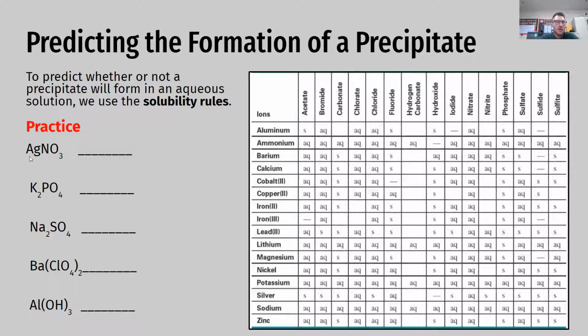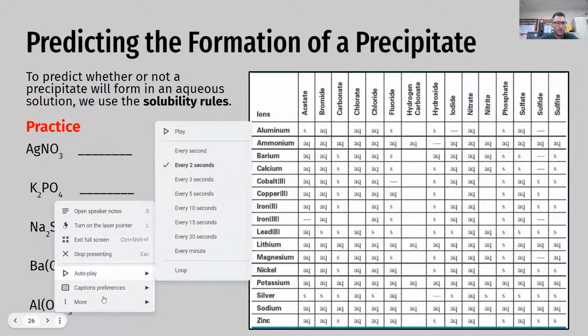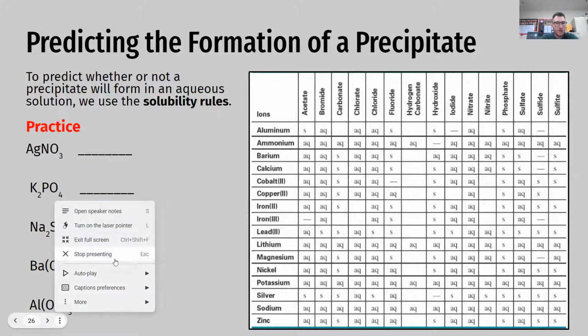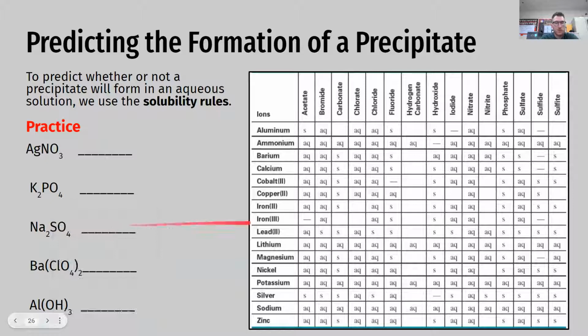You will find we have AgNO3. Ag is silver. So silver is right here. Let me see if I can highlight my pointer for you guys. Turn on laser pointer. There we go. So we have silver, and then we are combining that with NO3, which is nitrate. If I go ahead and try to find nitrate, everything's alphabetized here.